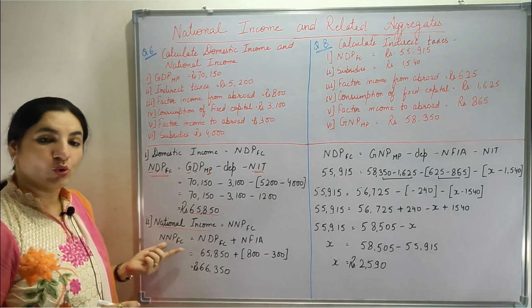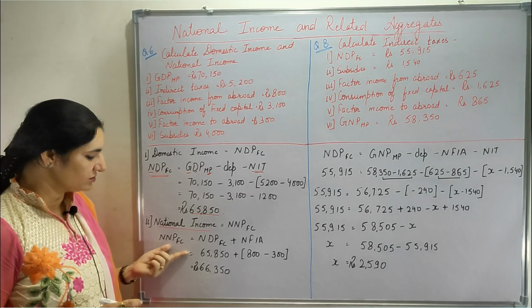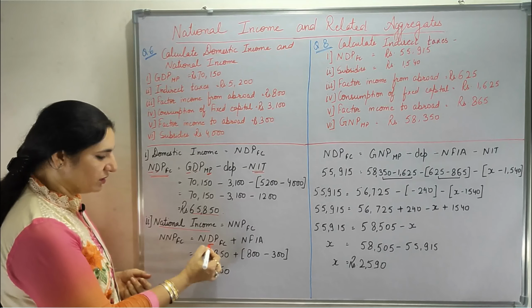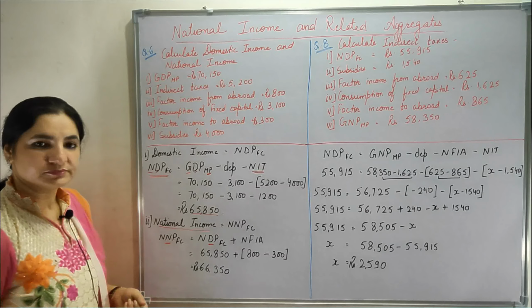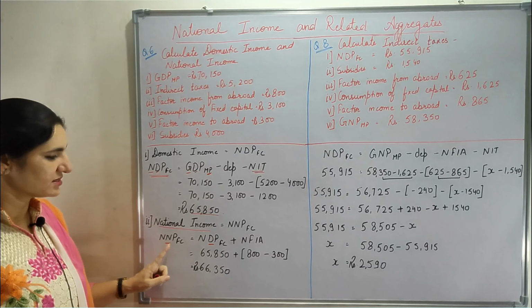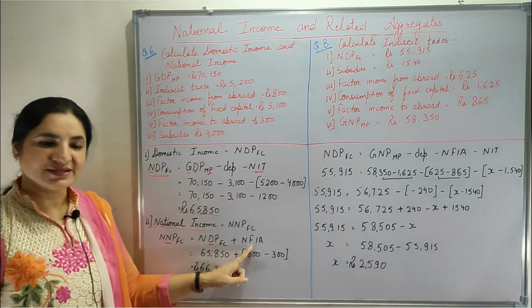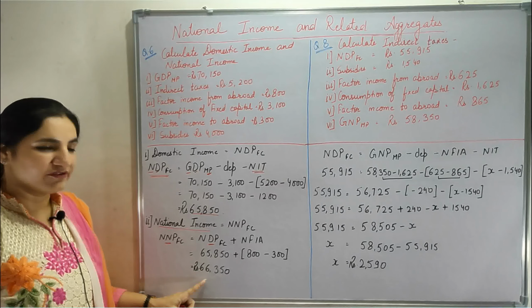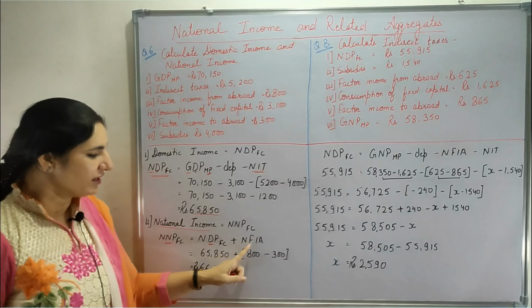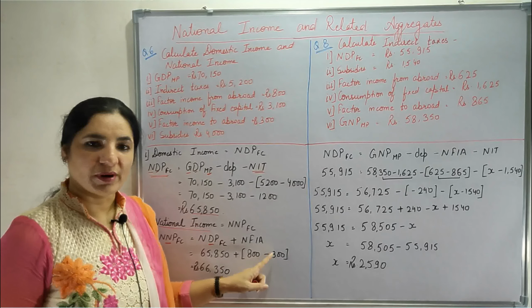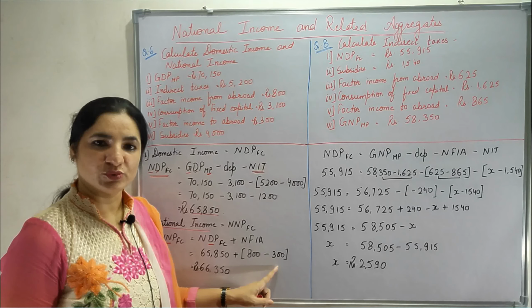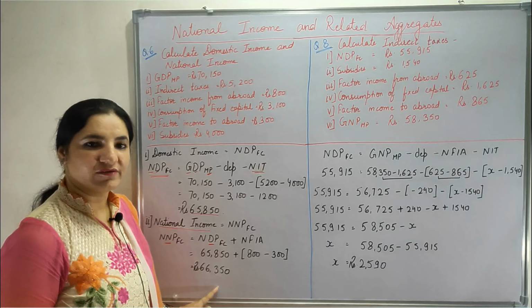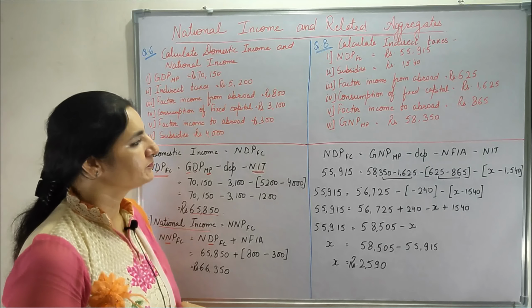The only difference between NNP at FC and NDP at FC is that of NFIA. This is domestic and this is national. So NFIA is added here to NDP at FC to arrive at national income. NFIA means factor income from abroad minus factor income to abroad. Both the values are given to us. So we have calculated the value of national income here.